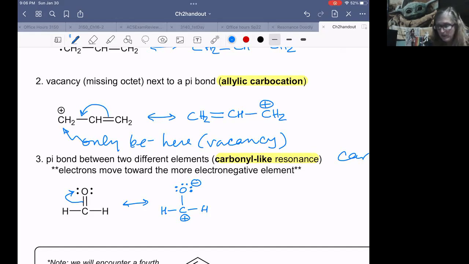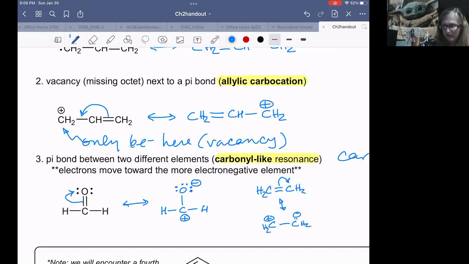Now notice, I wouldn't expect this resonance to happen to any large extent for a carbon-carbon double bond, right? Let's make this a CH2 and a CH2, a complete molecule. I wouldn't expect this resonance to happen because that's going to give me a C plus and a C minus. Neither of those is good, right?